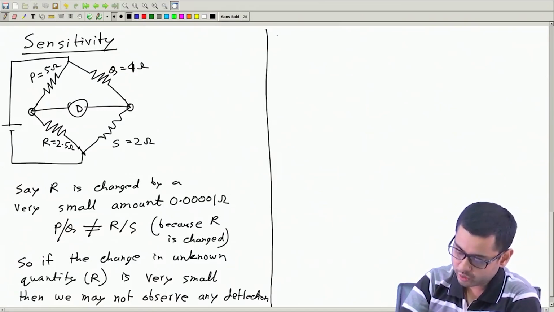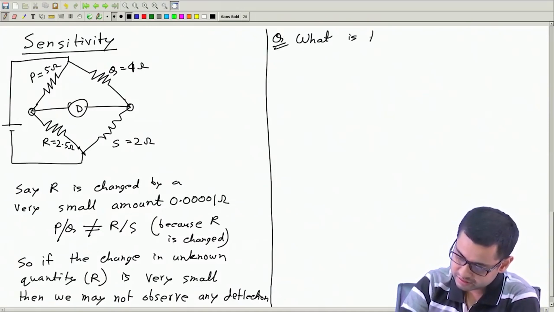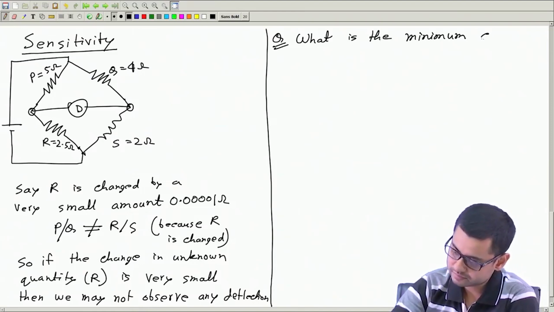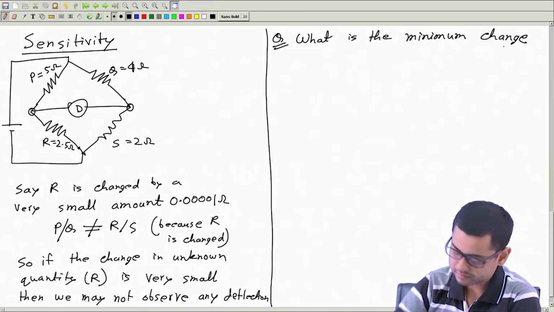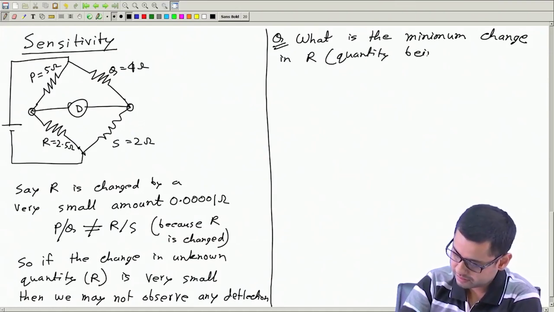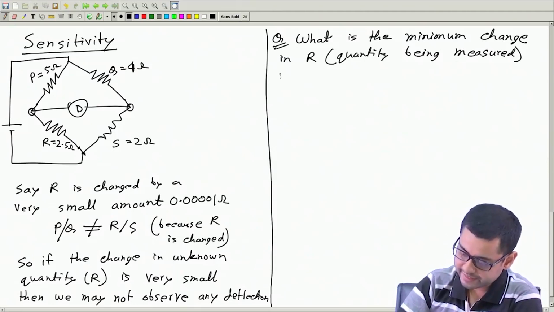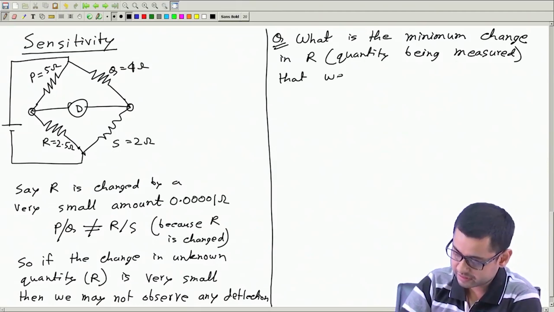So, we can ask a question: what is the minimum change in R, the unknown quantity being measured, that we can detect?